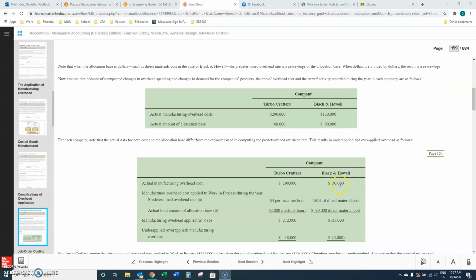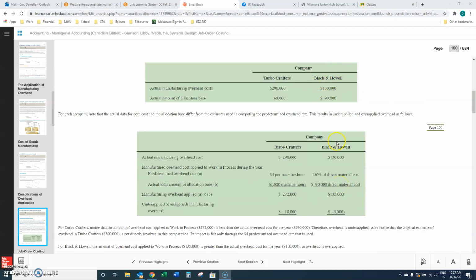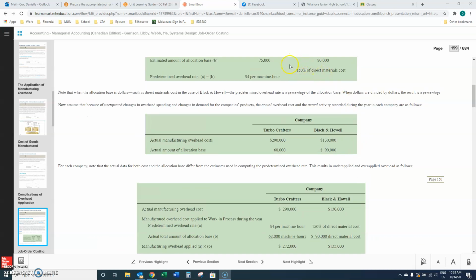So again, we're going to compare their actual of 130,000 to what they would have charged during the year based on the estimate. The estimate was 150% of direct materials costs, which is what we calculate here. And throughout the year, there was $90,000 in direct materials costs.